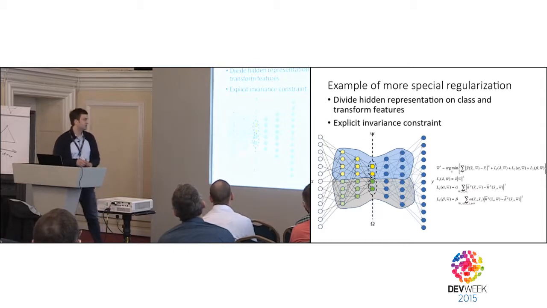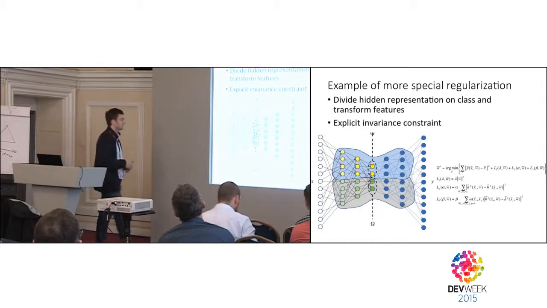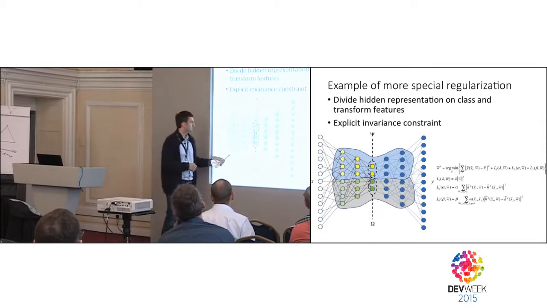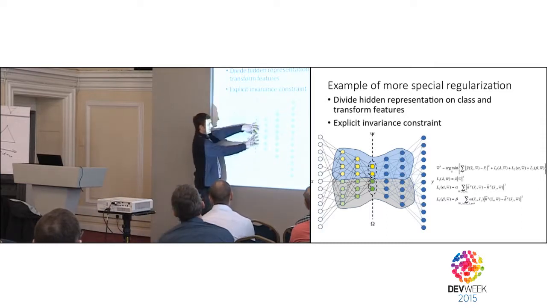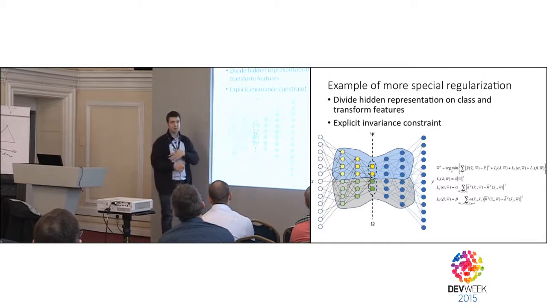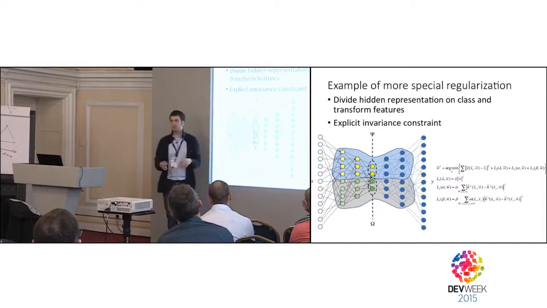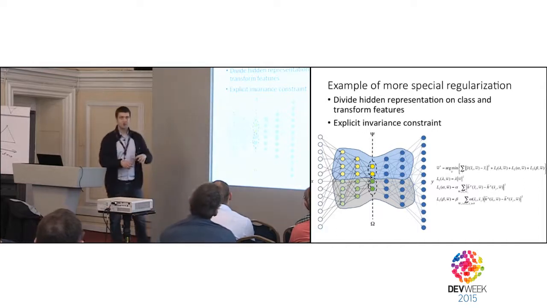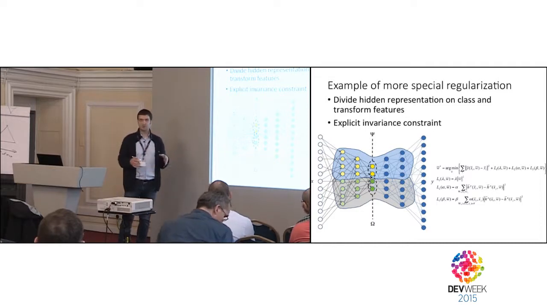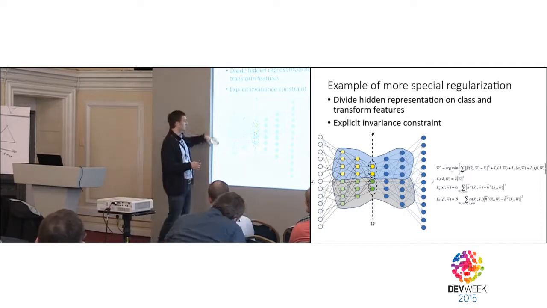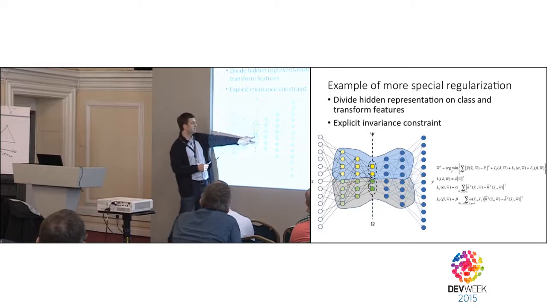For example, in our company, we study specific forms of regularization that try to separate the meaning of the hidden neurons, so that a certain part of the neurons would be responsible for information about class, and certain neurons in the hidden representation would be responsible for changes, for transforms of these objects. So if lighting changes, we want these particular neurons to change, and these remain the same.